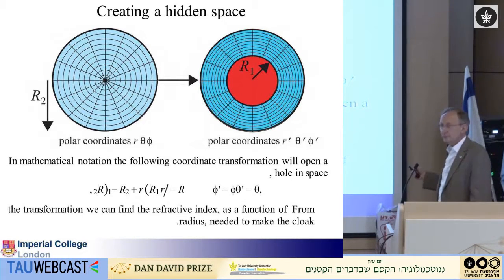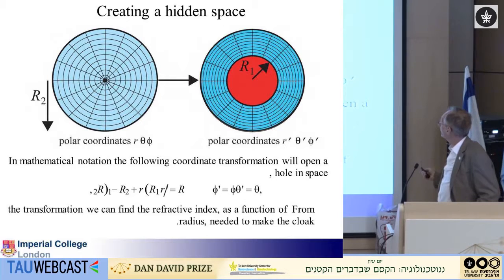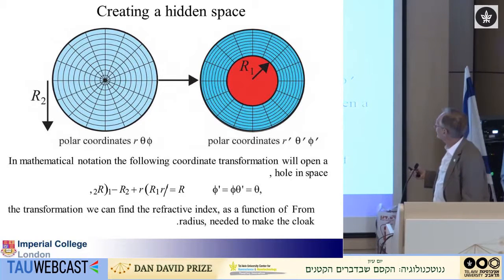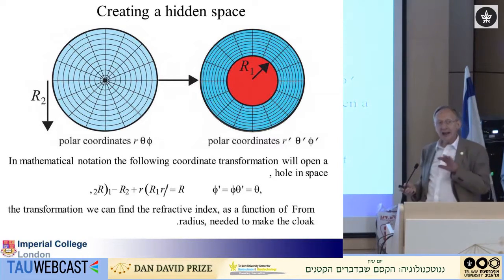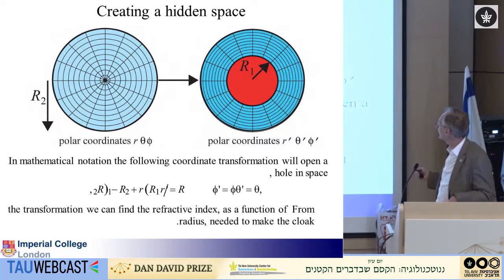And then you could use my formula to say that space has been squashed in this direction and stretched in the other direction, and you could find the very simple formula for what epsilon and mu must be at every point here. And as you do this, then the rule is that any pointing vectors or rays of light, any field lines will be pushed into this area here, and they cannot enter this region here because everything has been shoved out. So this is hidden, can't see in there.